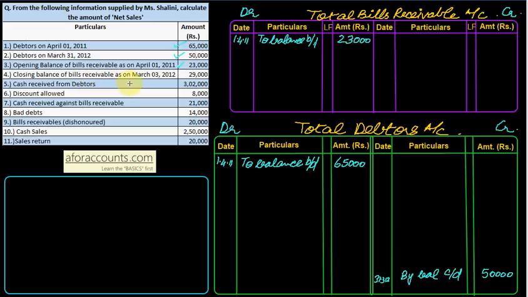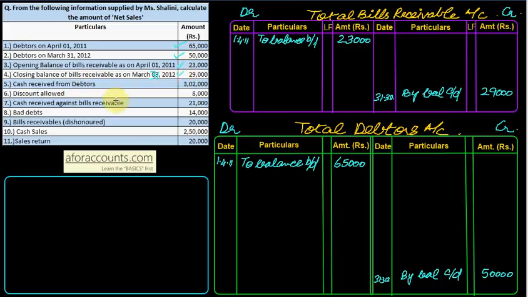Closing balance of bills receivable as on 31st March 2012, actually this should be 31st March. So on 31/3/12 your closing balance will be by balance carried down 29,000. So the first 4 points, opening and closing balances, were given, which we have put in properly.